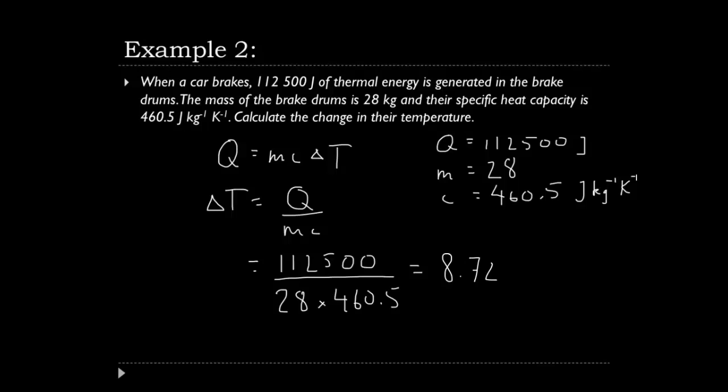How many significant figures do we want? We want just 2, so let's get rid of that. 8.7 Kelvin. So we're going to get a change in temperature of 8.7 Kelvin when we apply that much heat.